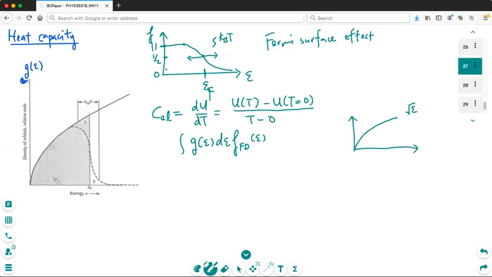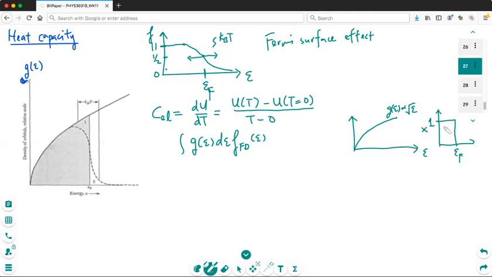I'm going to take you step by step. This is G, the density of states, and I want to multiply by the Fermi function. At zero temperature, the Fermi function is a step function that takes a value of 1 and 0.